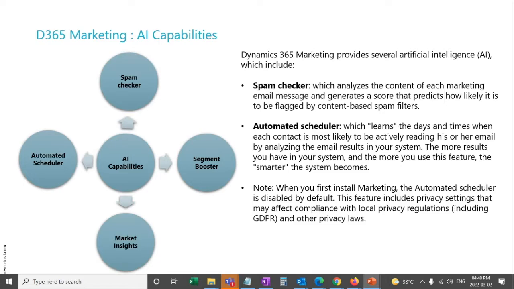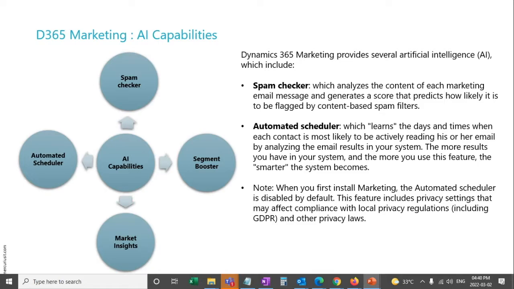Based on that, it will give you suggestions regarding certain wordings or certain images in your email. Ultimately, you are ensuring that the email campaigns you are sending out land in the prospects' inbox, and at the same time it ensures that your prospects have a higher chance of opening those emails and reading through the content.